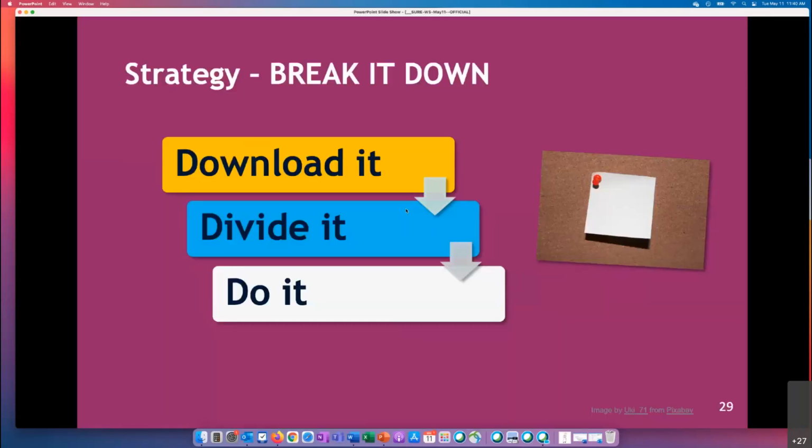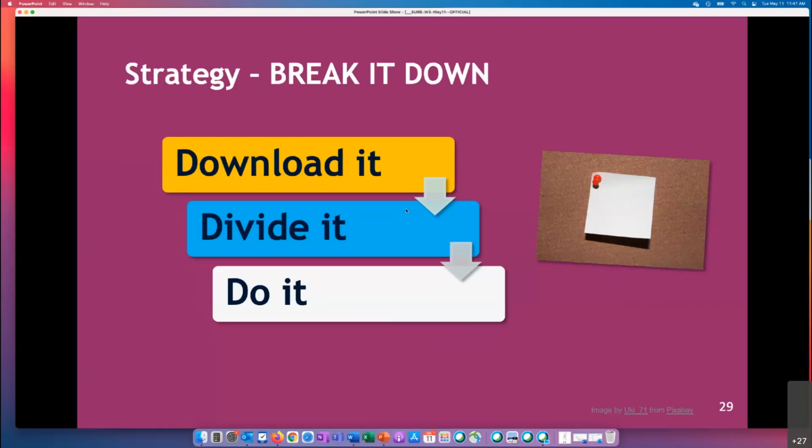One of the main strategies with this kind of pressure is to download it, especially with big projects. This means putting things on paper or in your computer system, typing them out, getting them out of your head.